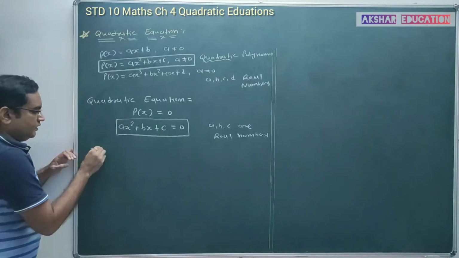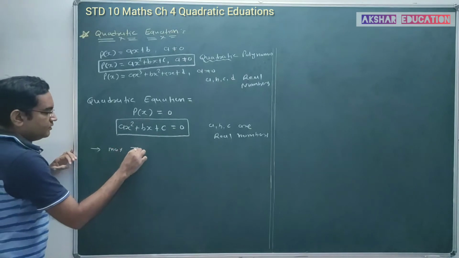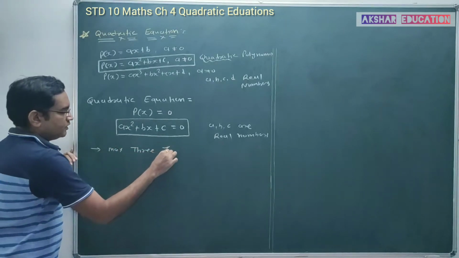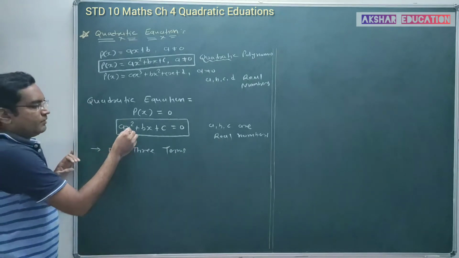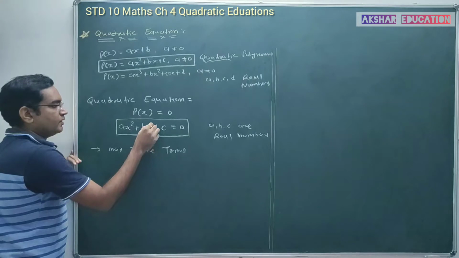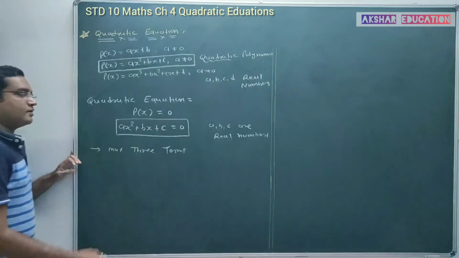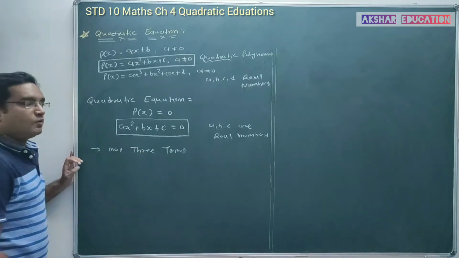In any quadratic equation, maximum 3 terms are there. One term consists of power of 2, another term consists of power 1 of the variable, and the last one, the third one, is the constant term. So total 3 terms are there in any quadratic equation.